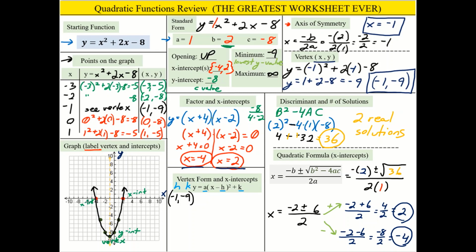So we have y equals a is 1, x minus, now the h is negative 1, squared, and then plus negative 9.